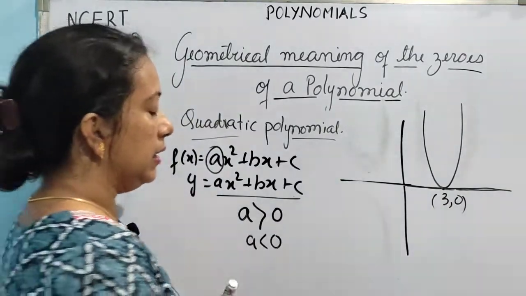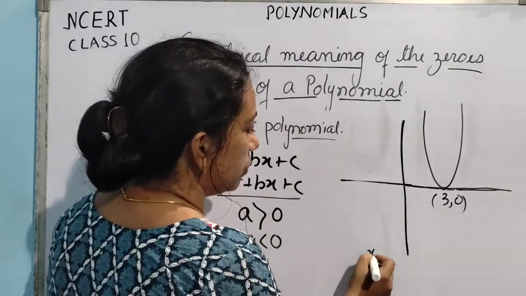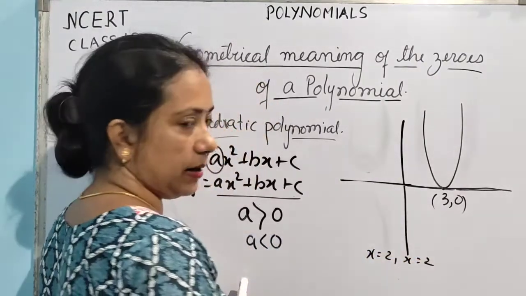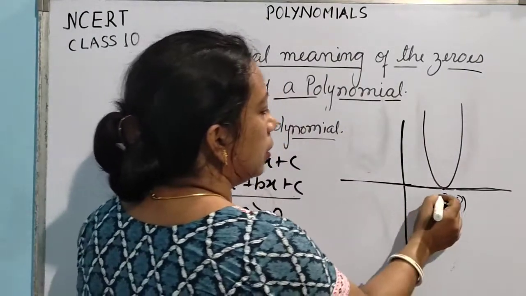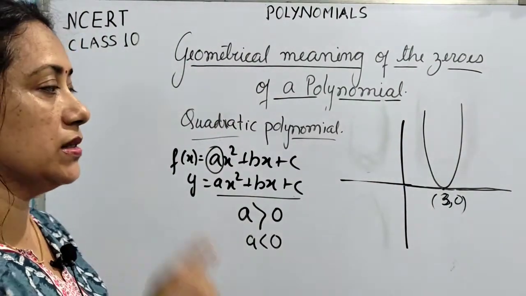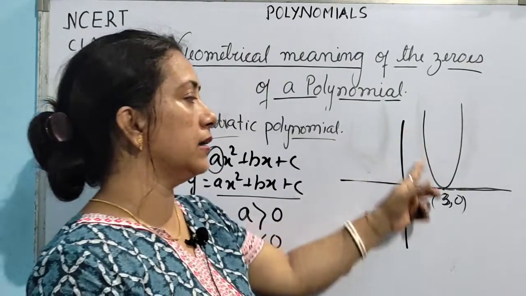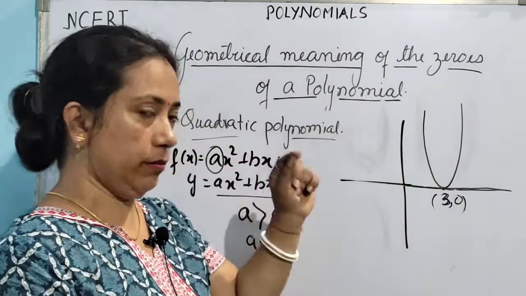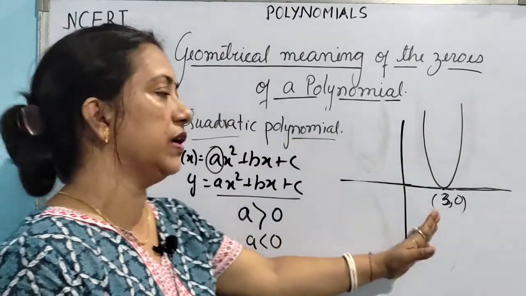You have done in quadratic equations also, there may be some cases where x equal to 2, x equal to 2, means 2 values of x are coming, isn't it? So here it is the same case. Both the zeros of the polynomial are 3. Since it is intersecting at one point, it will be said that this polynomial is having 1 zero. 1 zero means the value of the zero is the same, but it is going to have 2 zeros which are of equal value.